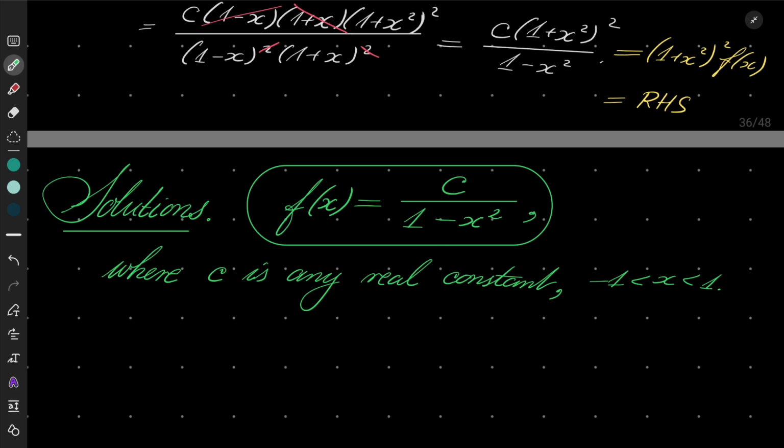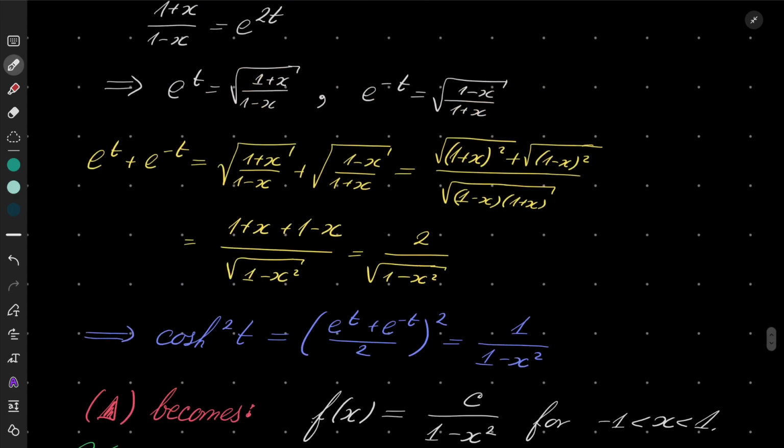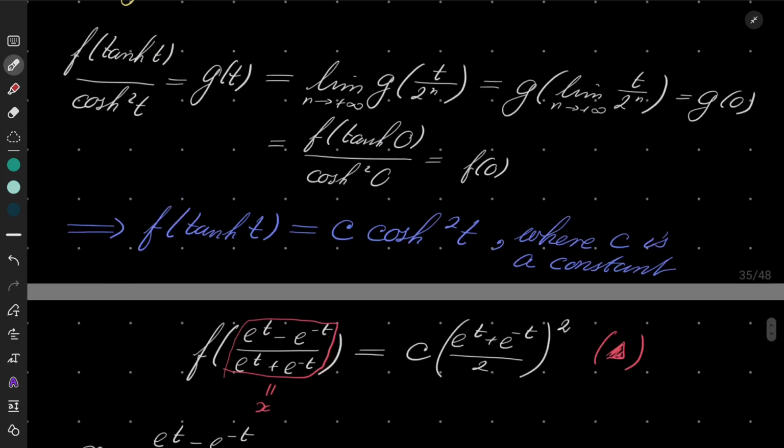We have used hyperbolic functions. We have used many identities. And the rule is, first of all, you should know by heart trigonometric identities if you are preparing for some type of contest or Olympiad.